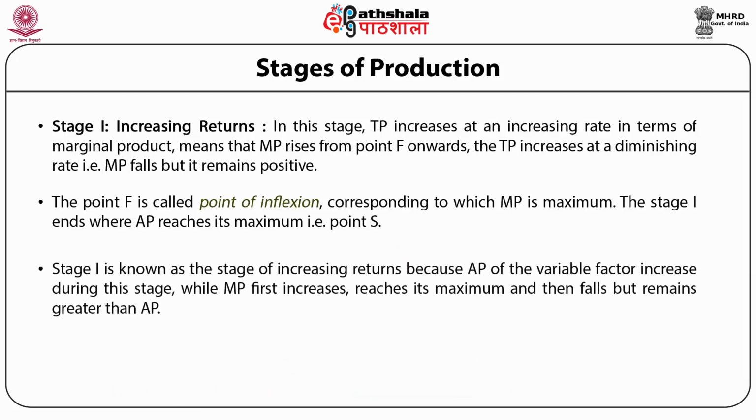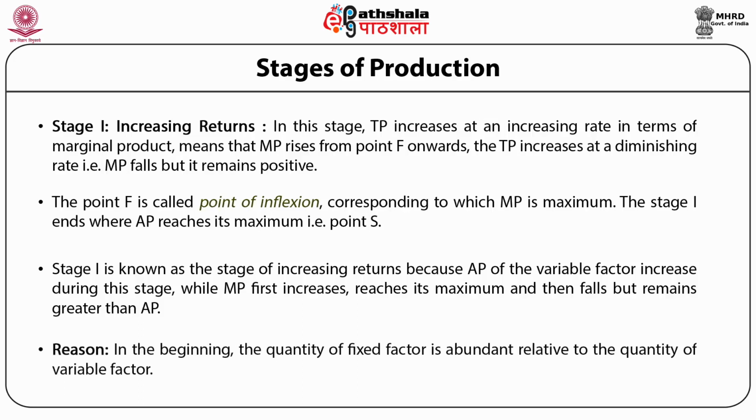Stage 1 is known as the stage of increasing returns because AP of the variable factor increases during this stage, while MP first increases, reaches its maximum and then falls but remains greater than AP.